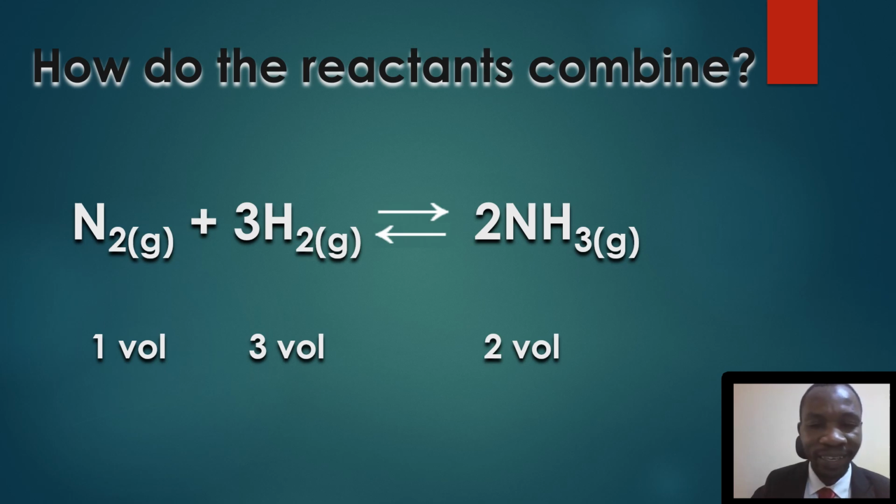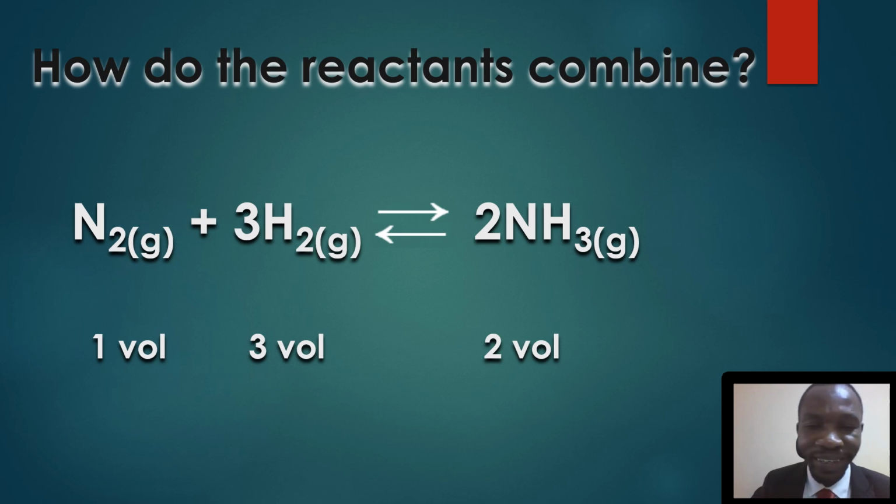What does this mean? If you take, for instance, 1 liter of nitrogen gas and react it with the hydrogen, it will react with exactly 3 liters of hydrogen gas, and it will form only 2 liters of ammonia. If you use milliliters, 1 milliliter of nitrogen will combine with 3 milliliters of hydrogen to form 2 milliliters of ammonia.